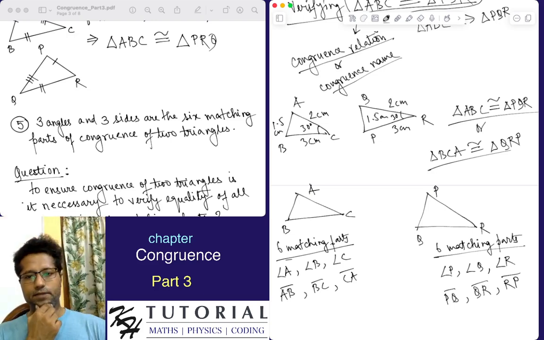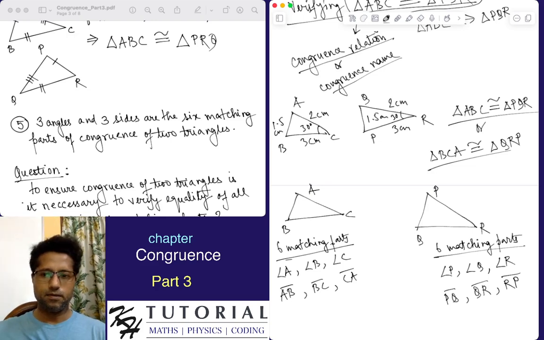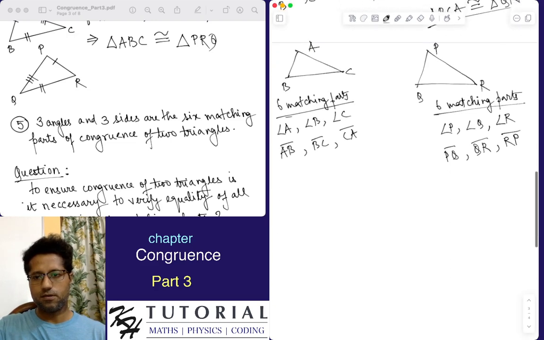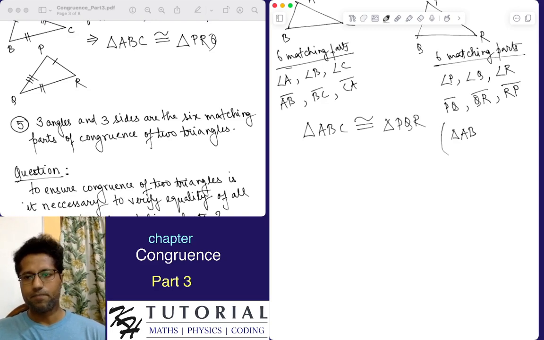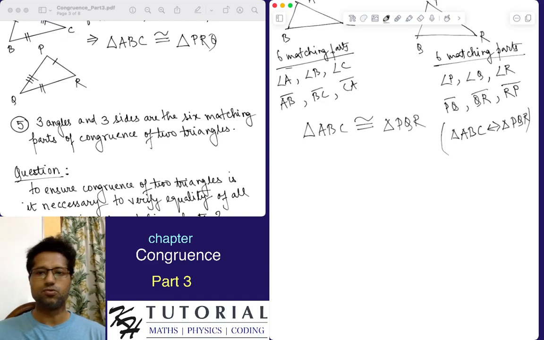Now, we know that if two triangles are congruent, one thing is sure that we have understood: let's say triangle ABC is congruent to triangle PQR. So when we say this, we are also automatically implying that the corresponding sides and angles are equal under the correspondence or mapping of this PQR.